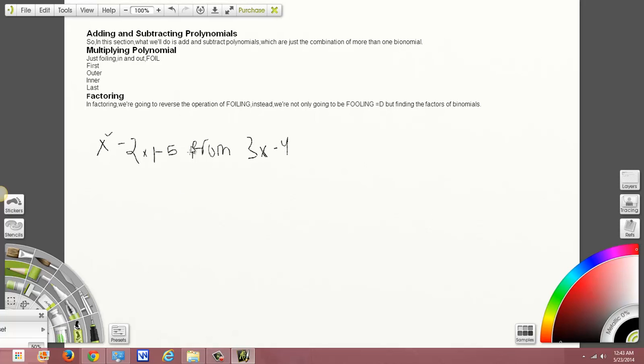So let's go straight ahead: x squared minus 2x plus 5. We're going to add the red subtraction sign in the middle. Minus 3x minus 4. Subtract that from, it's the reverse.